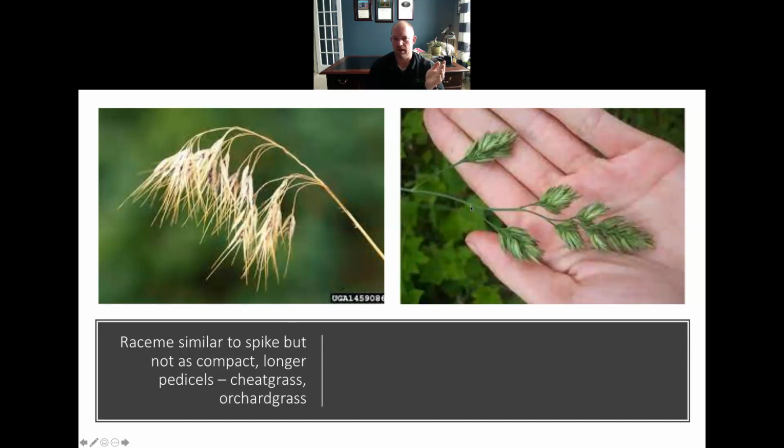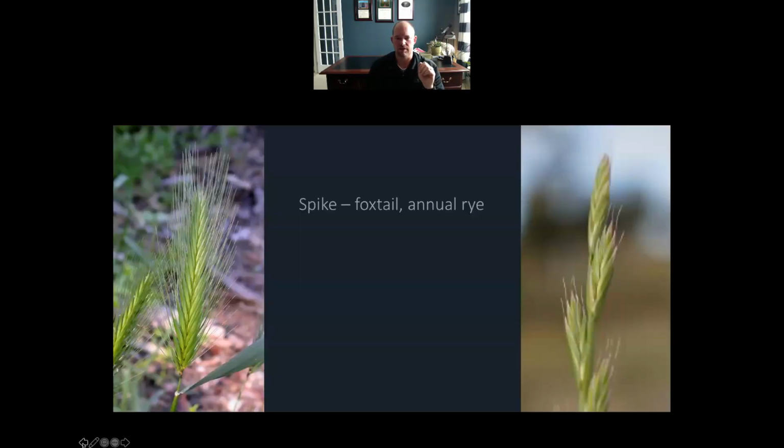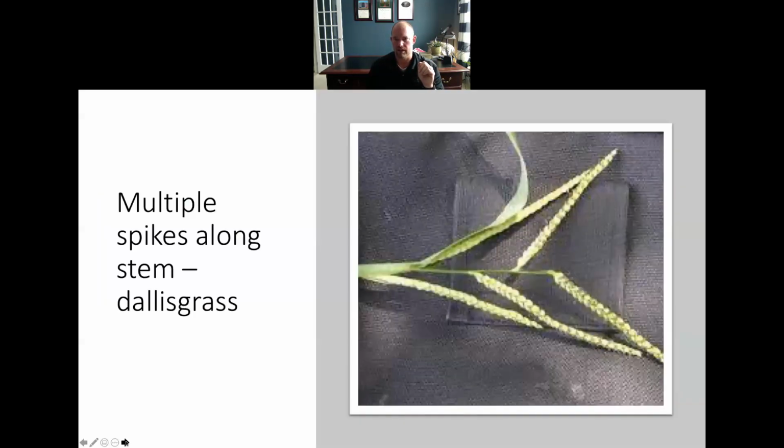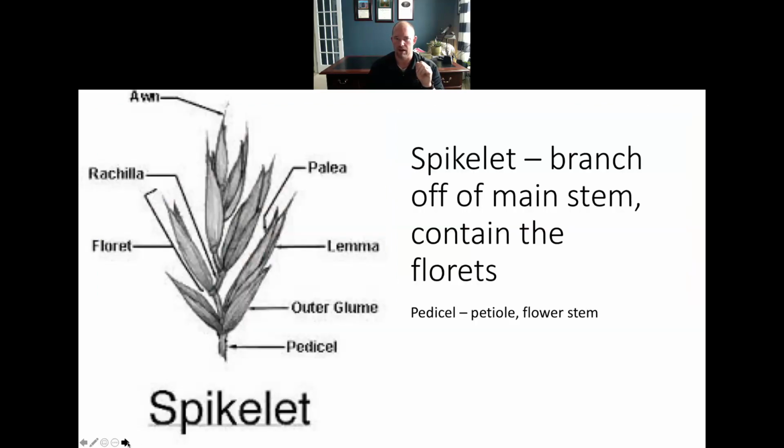And so again, the difference here, you can see that pedicel that's coming off of the flower stem. You don't see that here in the spike. So it's almost like a loose spike if you think about it that way, just a little bit shaggier because it has that longer pedicel coming off.